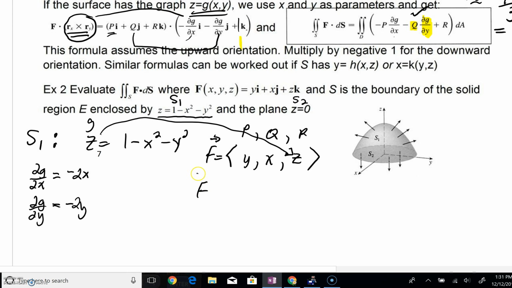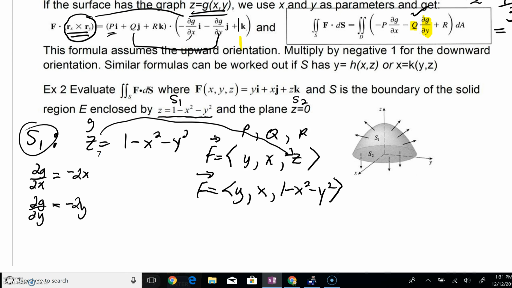So what that really means is that your vector field is parametrically defined in x and y. That means my z, in this case, becomes 1 minus x squared minus y squared, because for S1, every z value comes from that definition. So this is really your P, your Q, and your R.